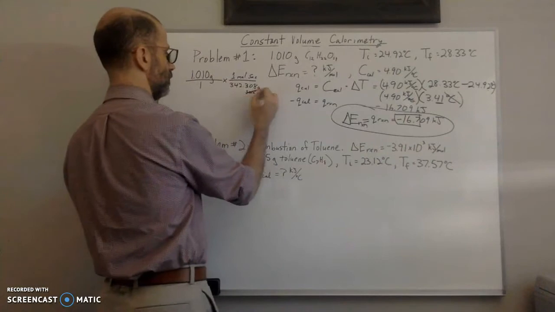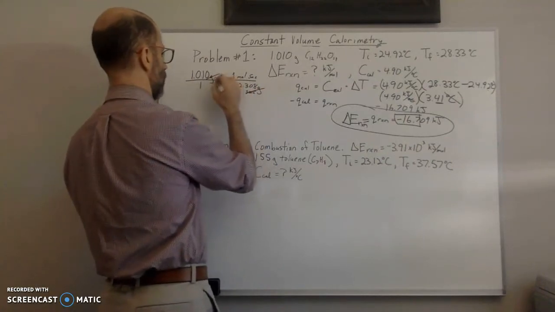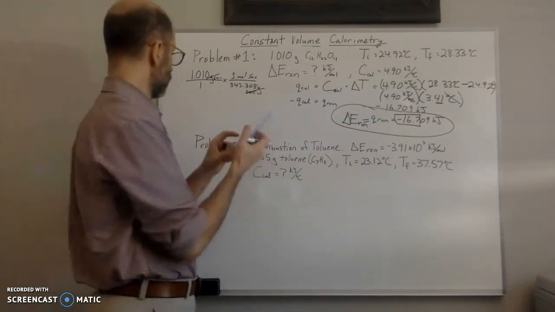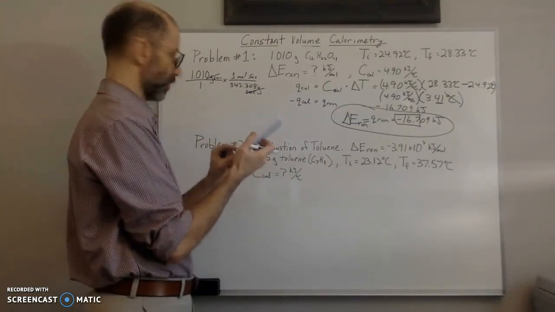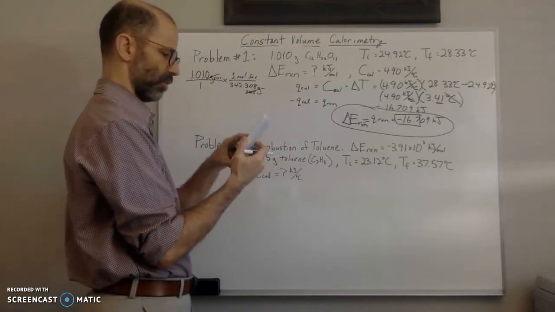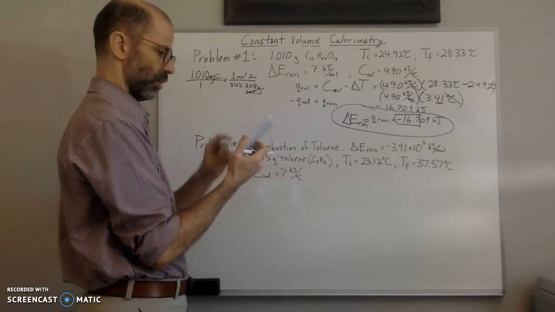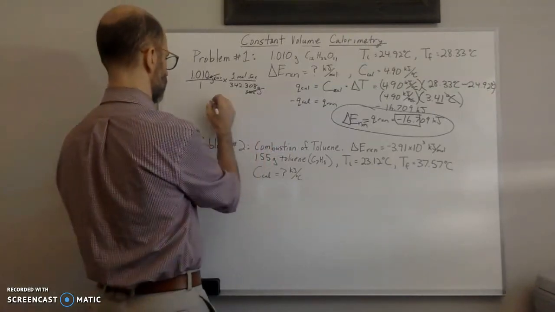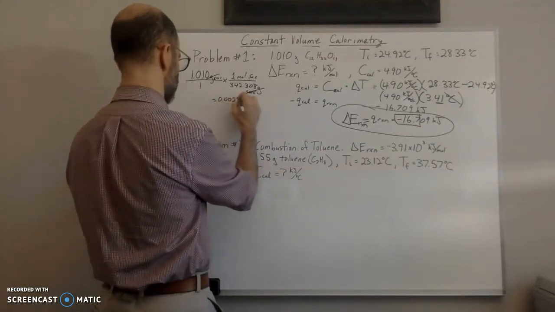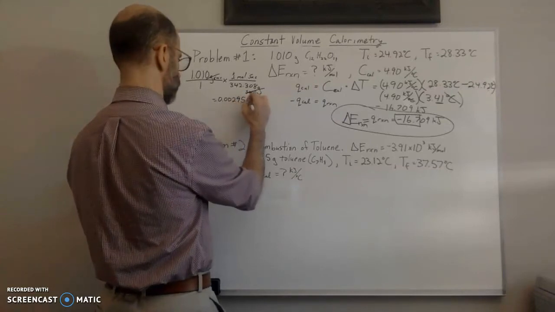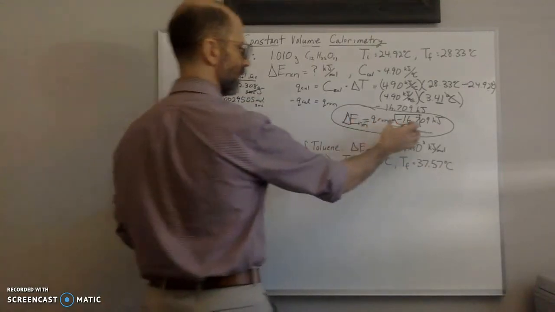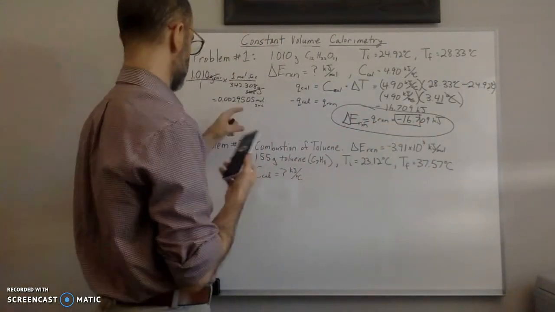So grams of sucrose cancel out, and then we do our calculation, 1.010 divided by that number equals, and so this is going to give us 0.0029505 moles of sucrose.